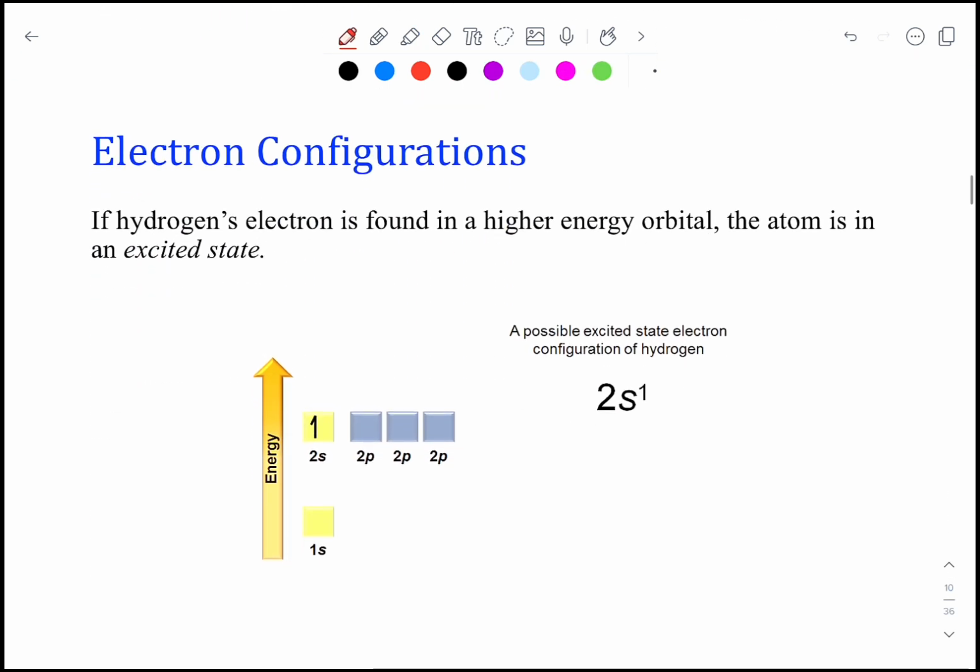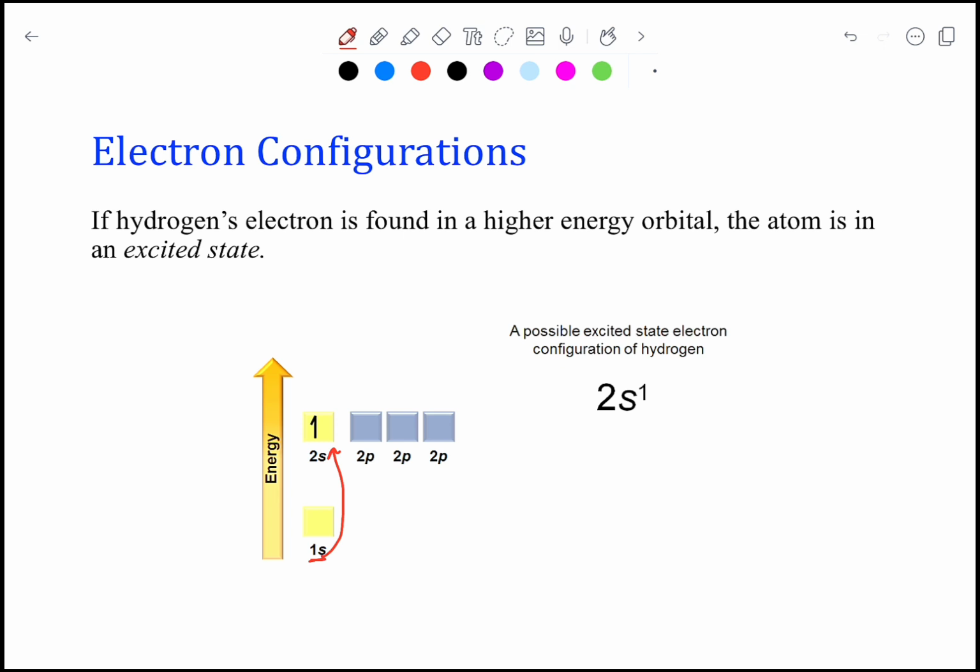So what happens if we excite that electron? We talked about how, if we put in extra energy, the electrons can move to a higher energy level. If we're in an excited state where we have extra energy, the electron is going to move to an orbital of higher energy. We started off in the 1s, and we're going to move that electron up to a higher energy orbital. Remember, further away is higher in energy. That's what we talked about in our previous chapter, chapter 3.